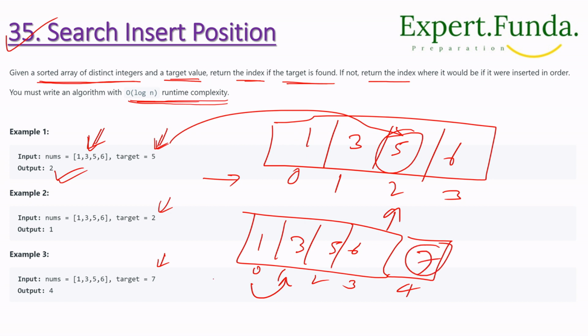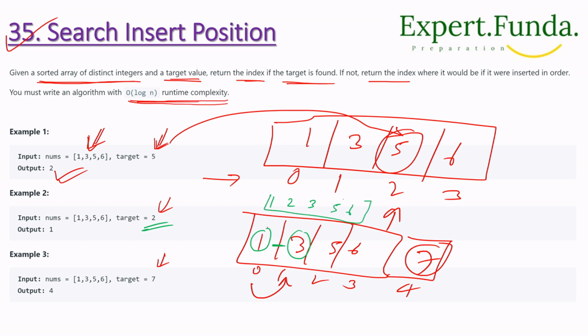So if we already have the list data, and big data, and you want to add 2 between 1 and 3, it will come here, and the rest will get shifted, so it becomes 1 2 3 5 6.